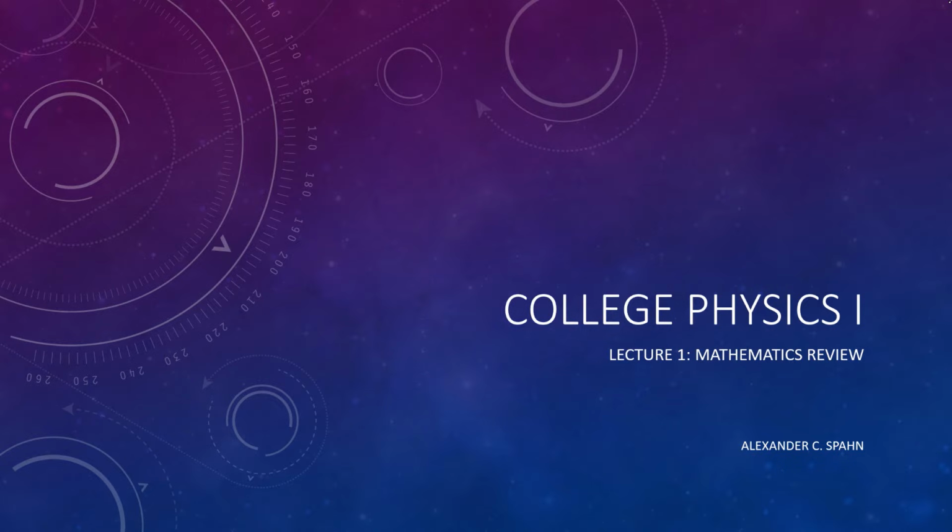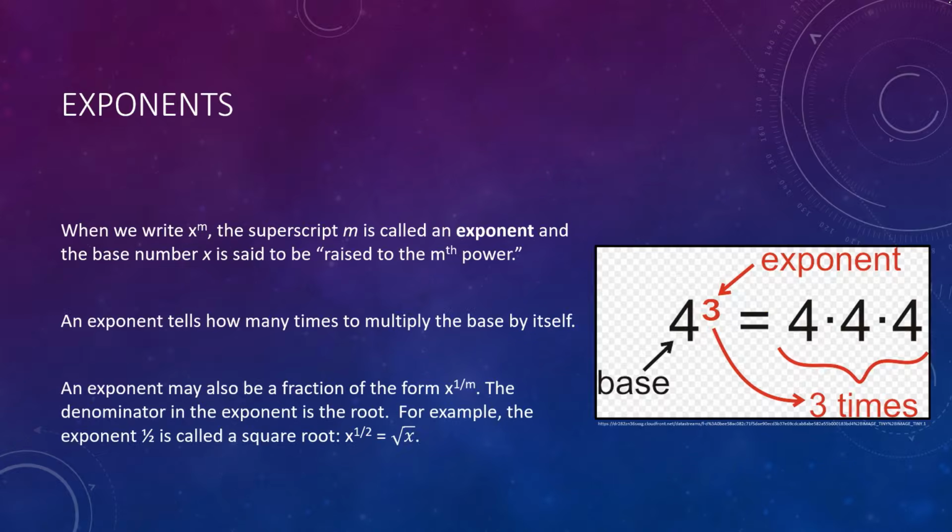It's going to start out pretty basic. I think most of us will know what an exponent is, but still it's good to cover. Anytime you see a value with a superscript, in other words a smaller number on the top right, such as the standard form x raised to the m, the superscript m is called an exponent, and the base number x is said to be raised to the mth power.